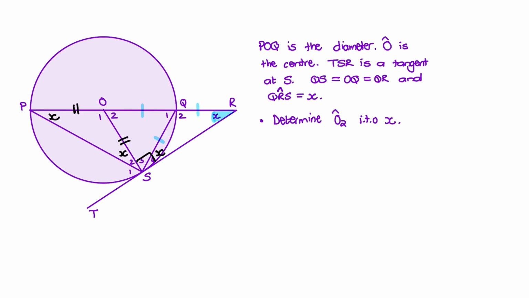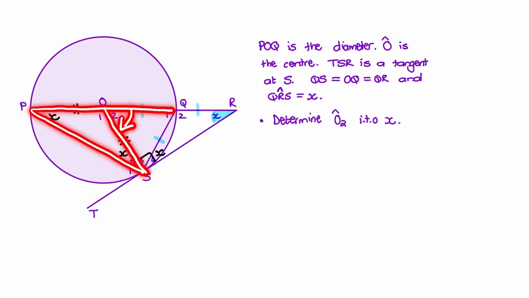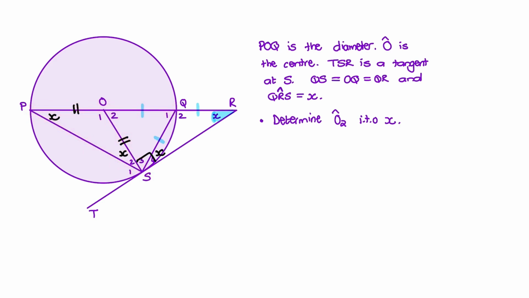So on this diagram, the angle at the circumference is angle P, and we can see that the angle at the center is O2. And we already have P equal to x. So we would say O2 is equal to 2x, and our reason is angle at the center is equal to 2 times the angle at the circumference.